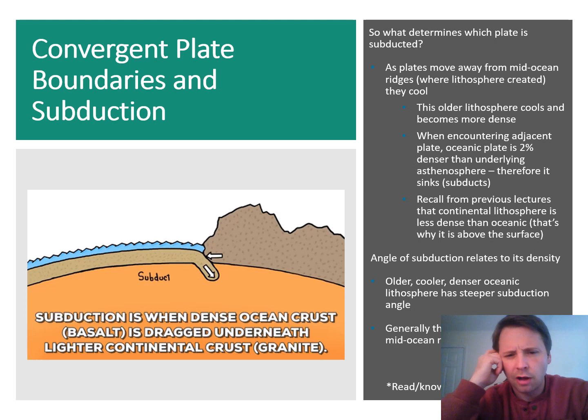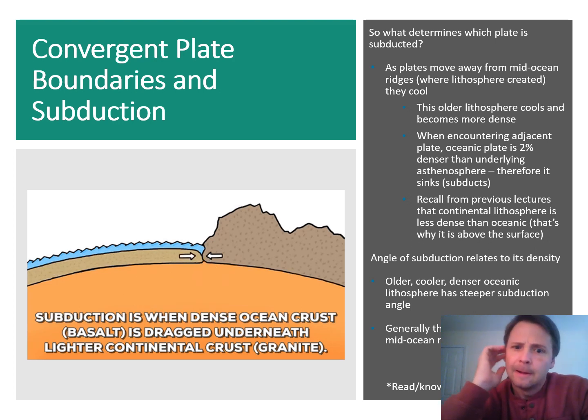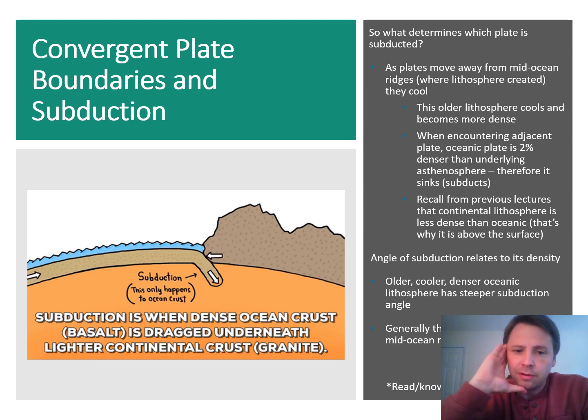It was kind of off topic, but we talked about the continents: why is some lithosphere, why is some crust, why is some land above the ocean, and why is some below? I feel it's a fairly simple question. It's simply the fact that the subducting plate is always essentially denser than the plate it's subducting underneath.